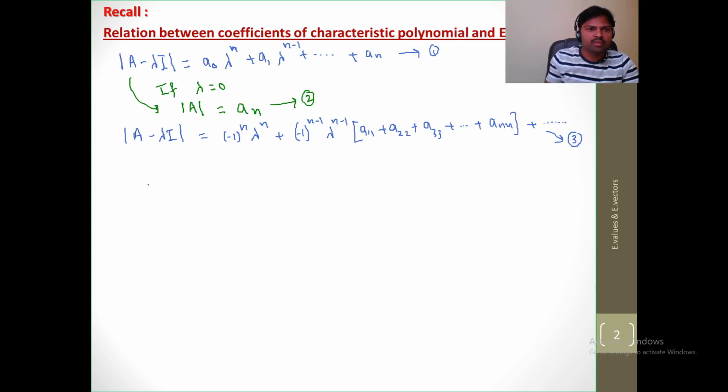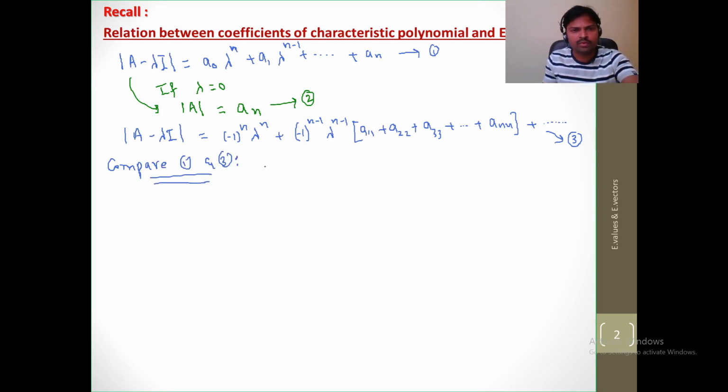So now let us compare 1 and 3. After comparison, clearly instead of a naught, you are having minus 1 whole to the power of n. Comparing equation number 1 and 3, the lambda to the power n coefficient is minus 1 to the power of n, and here the lambda to the power n coefficient is a naught, that's why a naught is equal to minus 1 whole to the power of n.